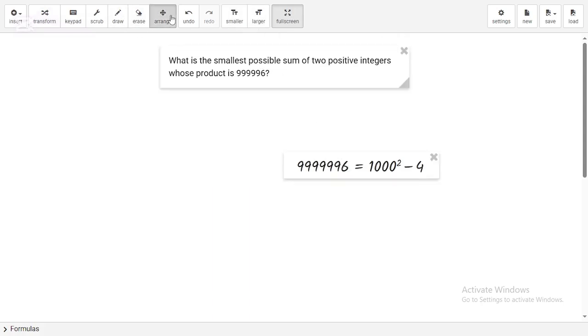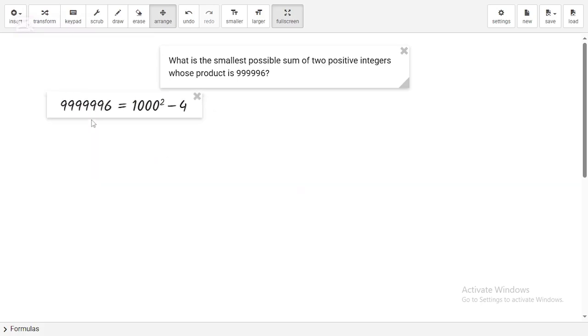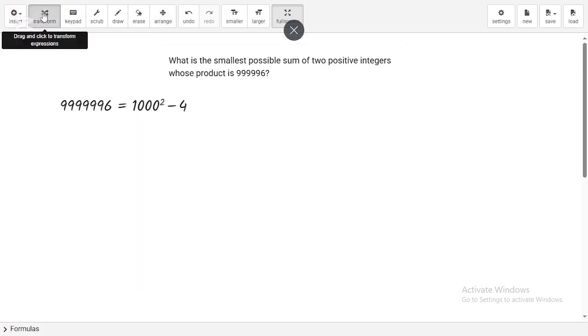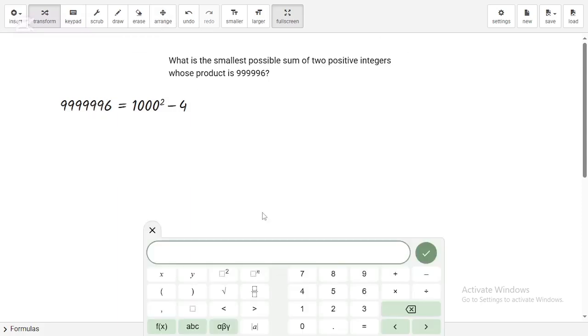So we are just going to arrange that and set that as our primary equation, because I want to take a good look at it when we solve for other stuff. Then we are creating a second equation, which is the product of the two numbers, xy, equal to 1000 squared minus 2 squared.